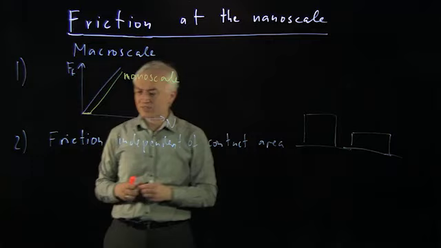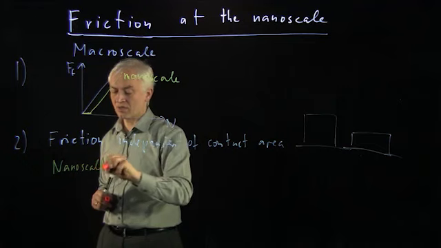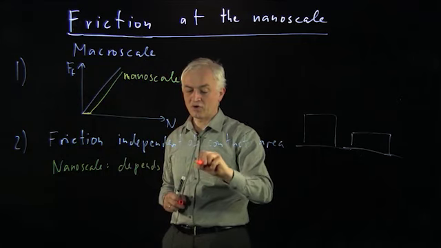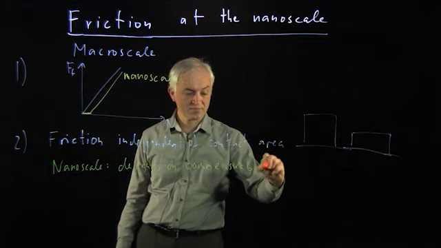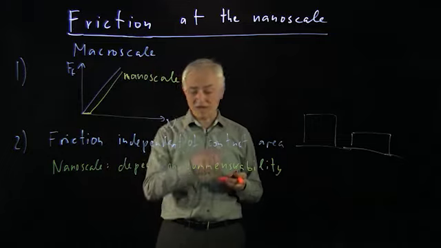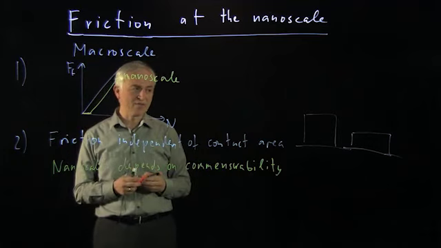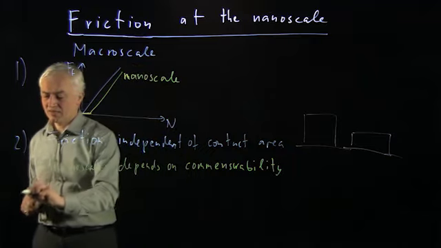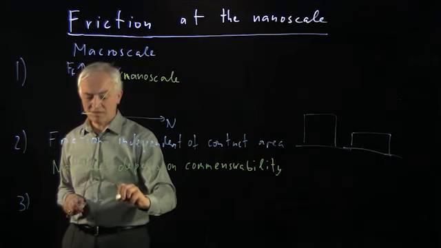And we see that at the nanoscale, it's replaced by a much more complicated law that depends on the arrangement of the atoms, or on, if you want, commensurability. So we have non-equivalent arrangements of the atoms that can either lead to large or small friction, and somehow the macroscopic law is some kind of average over these behaviors if we allow for randomness in the positions of the surfaces.